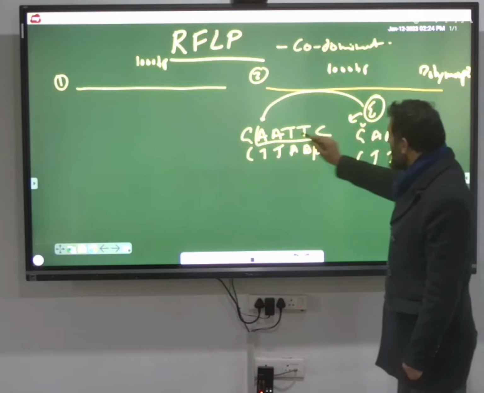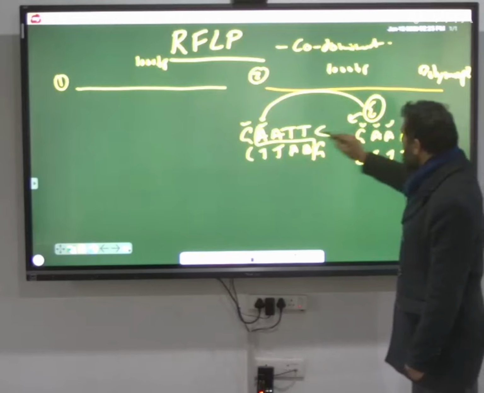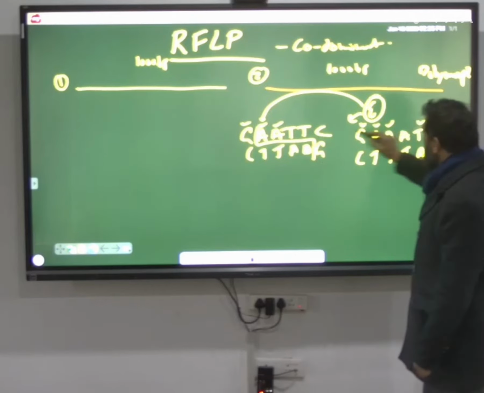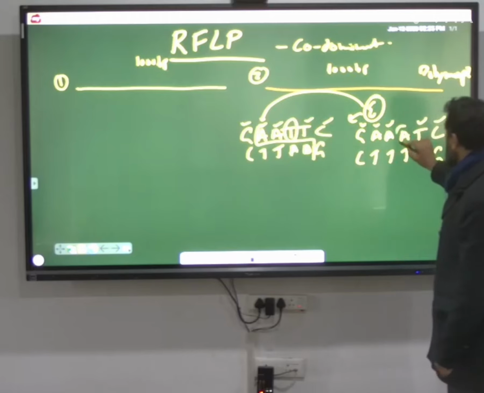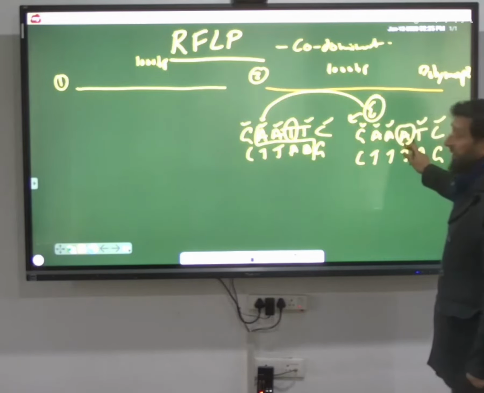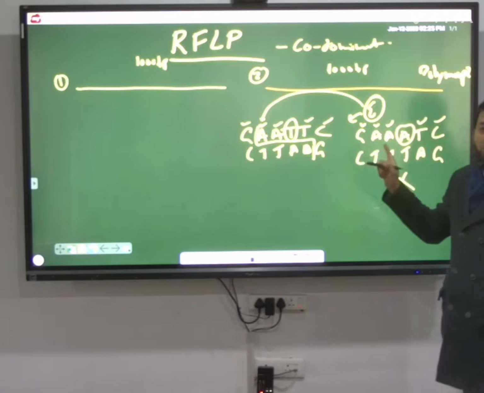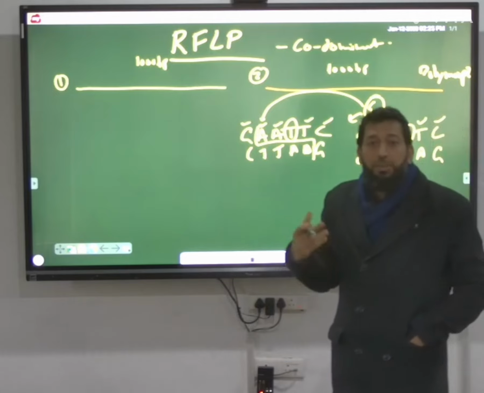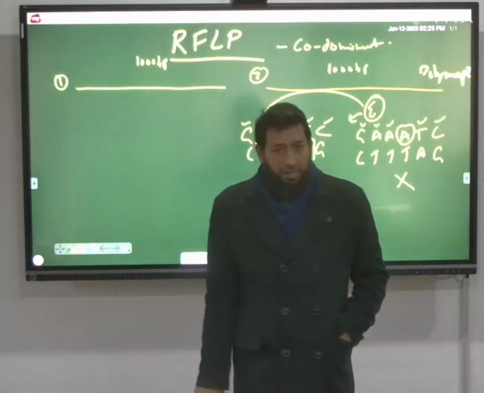You see this one is same, G is same, A is same, A is same, this T is same, this C is same. Only one nucleotide changed here. Now EcoR1 will not be able to recognize this sequence and it will not cut this sequence because this is not the recognition sequence of EcoR1, because it has been mutated. Only one mutation has abolished a restriction site.